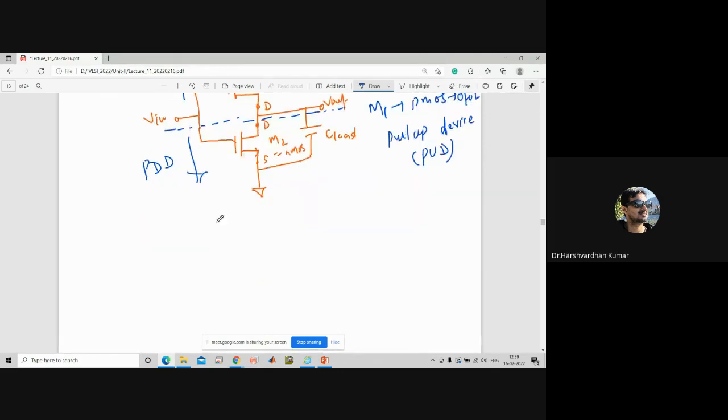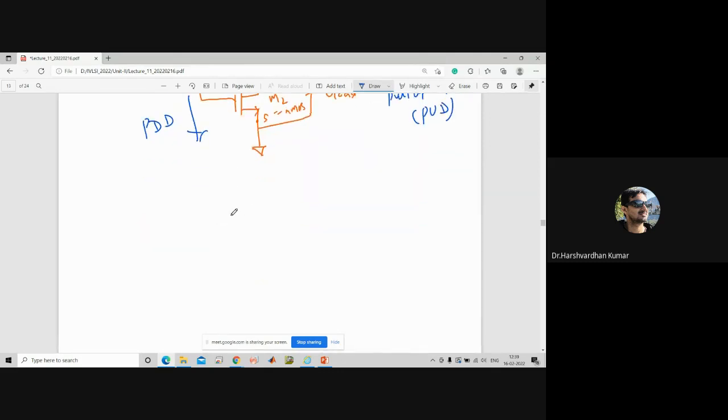Okay, now let us talk about the switch model. Case first, when V in is equal to, let us say, VDD. What will happen in that case, when the input voltage is equal to VDD? What will happen to the NMOS and PMOS?